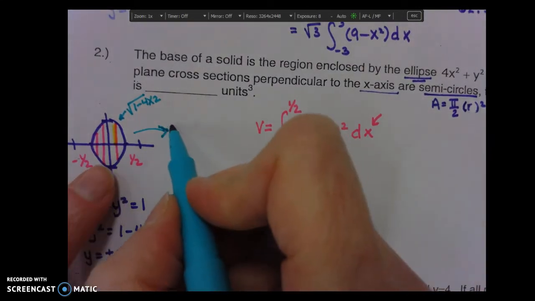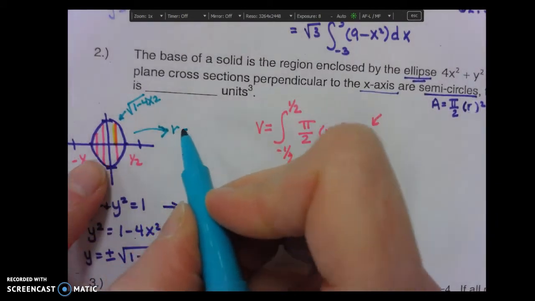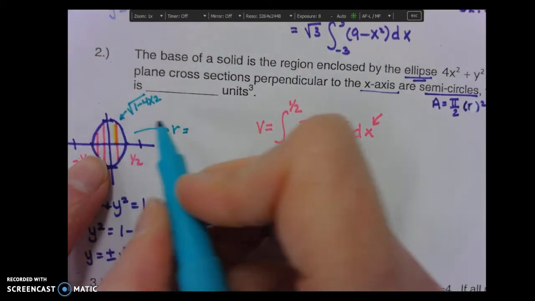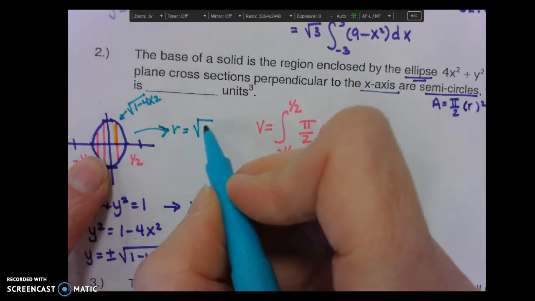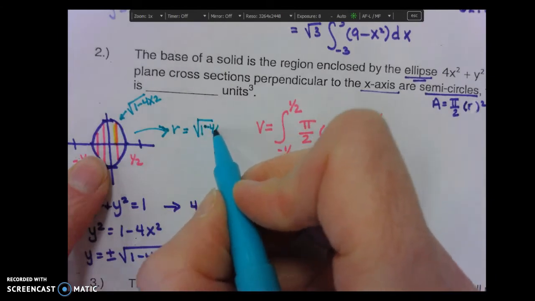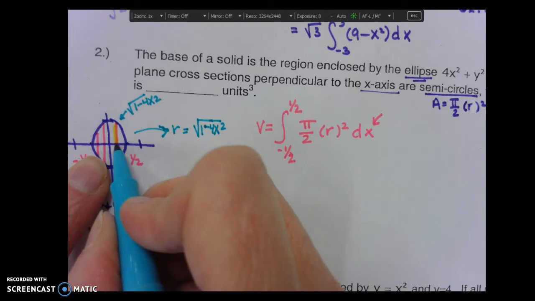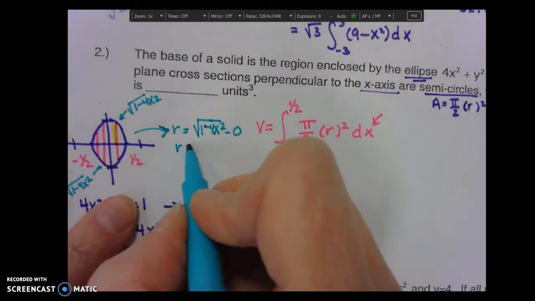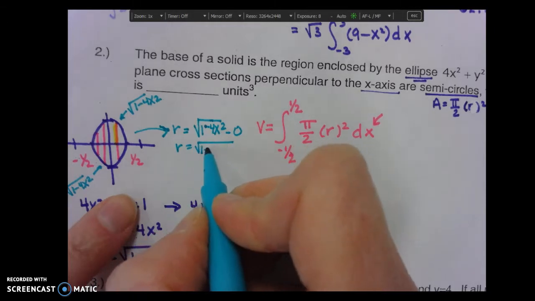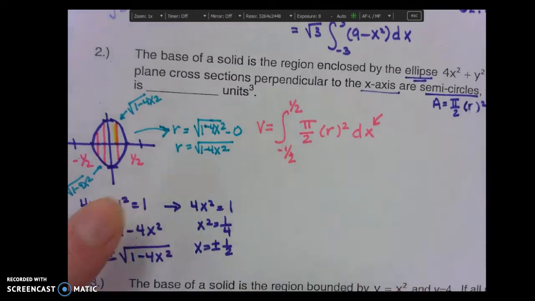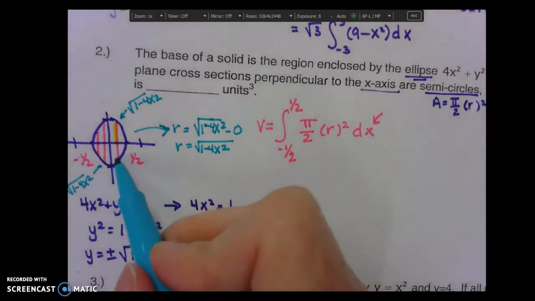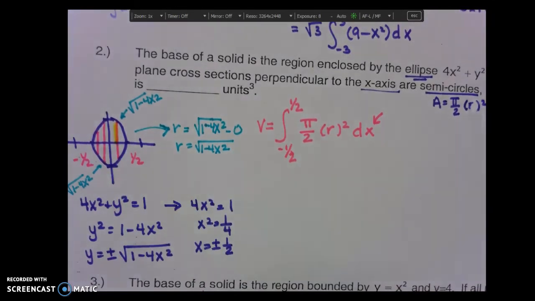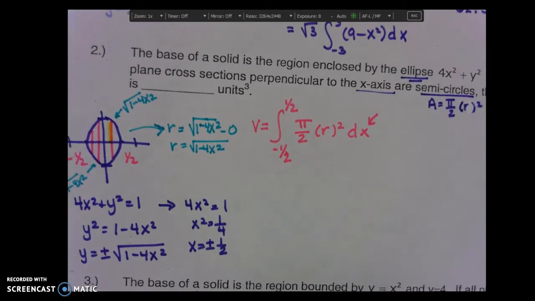So our radius in this case is created and restricted by that top curve, the square root of 1 minus 4x squared, and the bottom curve on this one, which is 0. So your radius will always have the length of the square root of 1 minus 4x squared. Now, could I have used the bottom one? Absolutely. I could have found the radius this way.